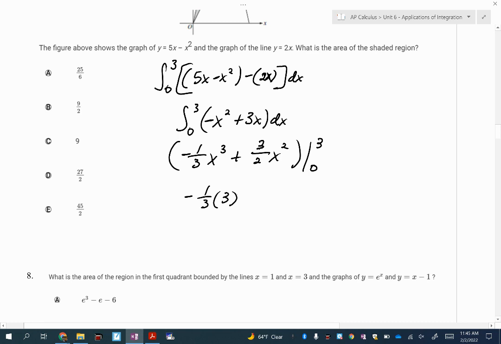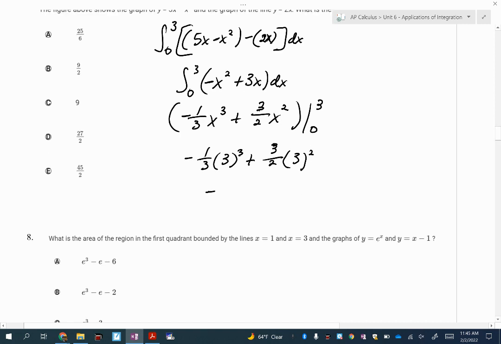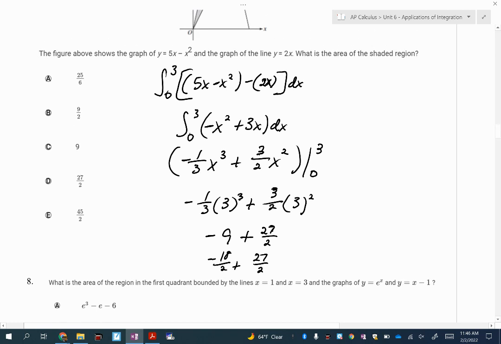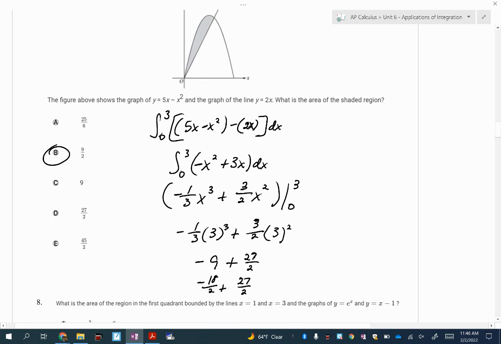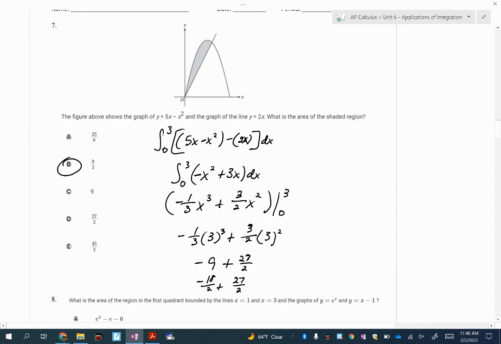Negative 1/3 times 3 cubed plus 3/2 times 3 squared. 3 cubed is 27, and 27 divided by 3 is 9, so that's negative 9. Plus 9 times 3 is 27/2. So negative 18/2 plus 27/2 is 9/2. So B. Number 7 is B.